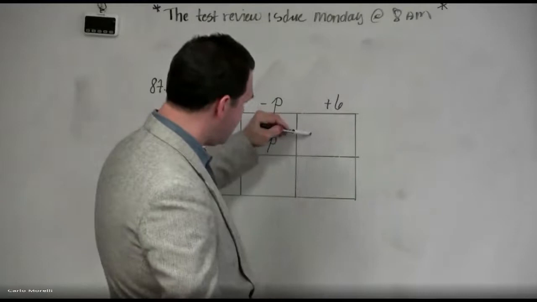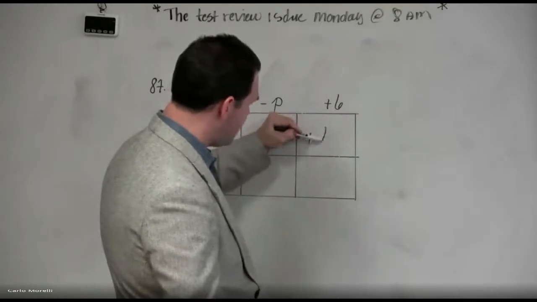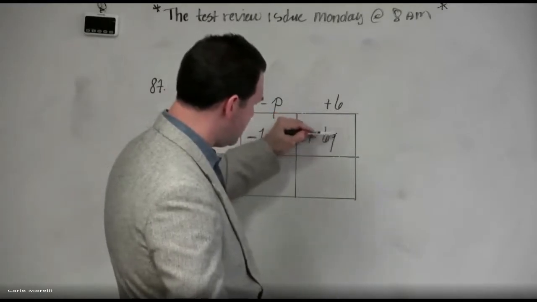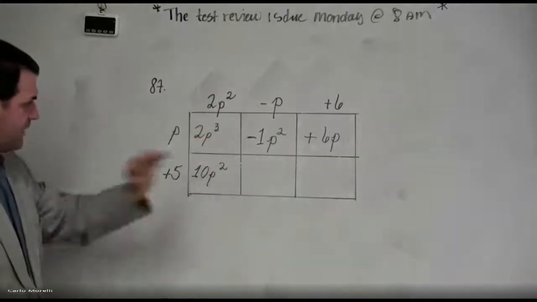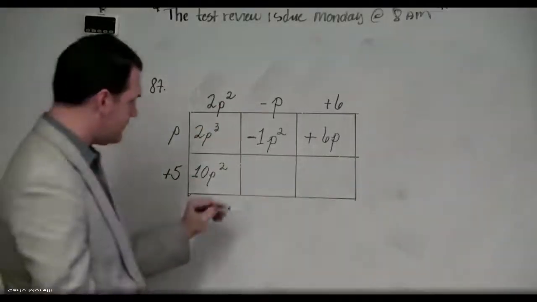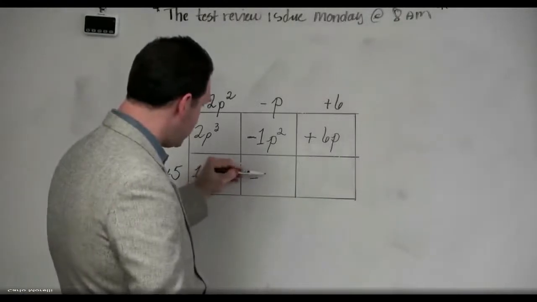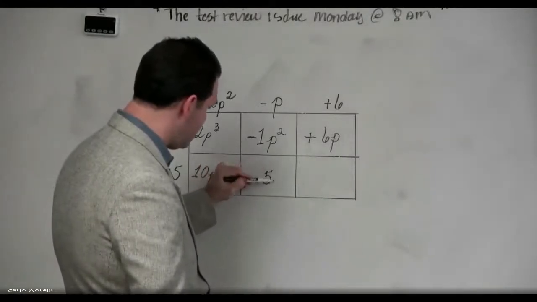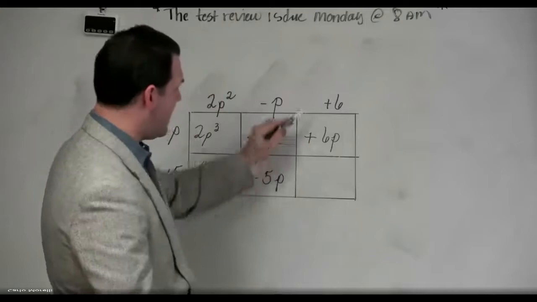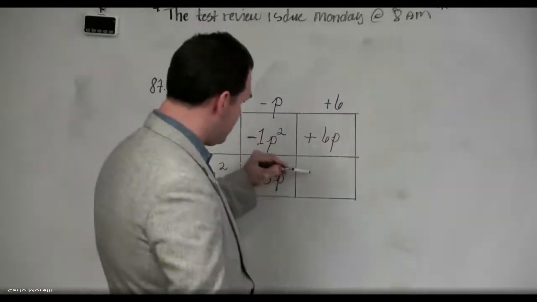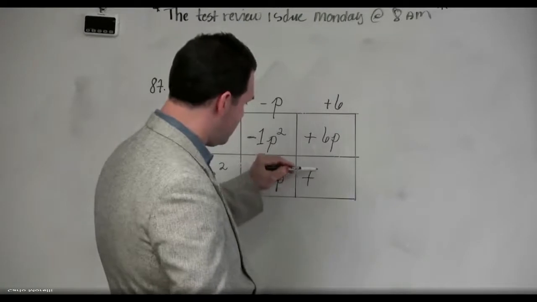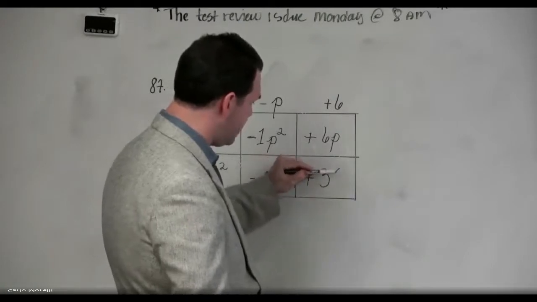Go ahead and put the sign there, positive 6p. How about negative p times 5? Negative 5p. How about positive 6 times positive 5? Oh, wait, sorry. Positive 30.